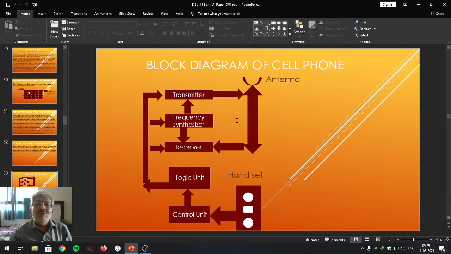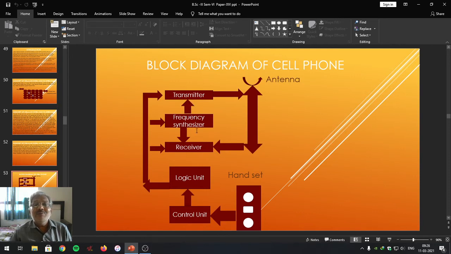But for the transmitter as well as for the receiver, necessary frequencies are to be provided. In a transmitter, the modulation process takes place, and for that purpose, a high frequency carrier is necessary. That is to be provided.